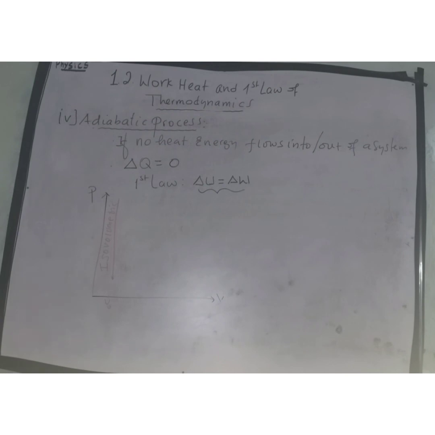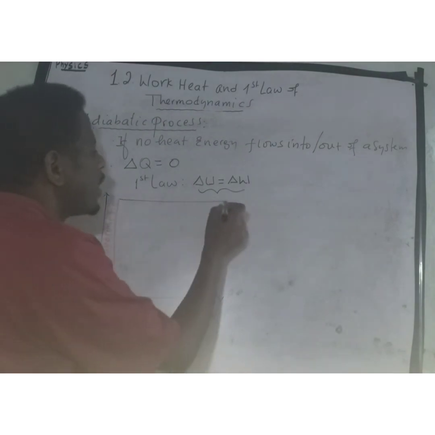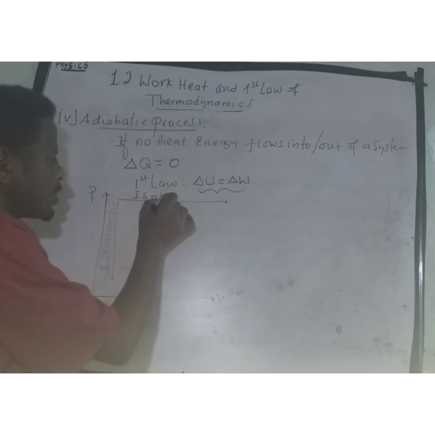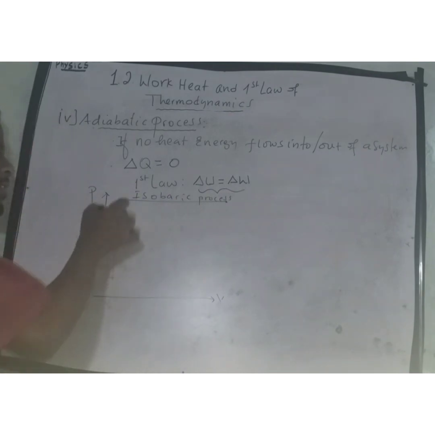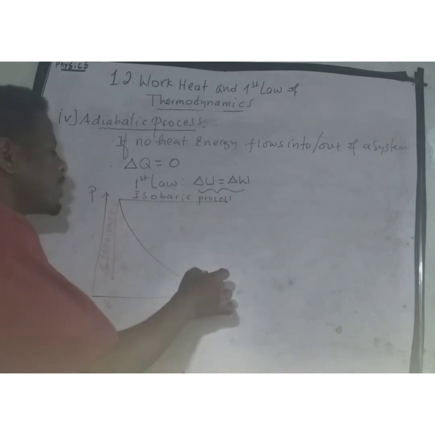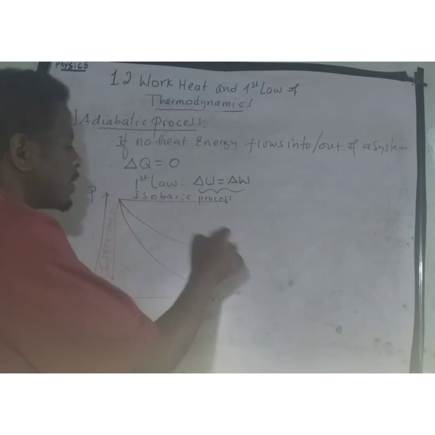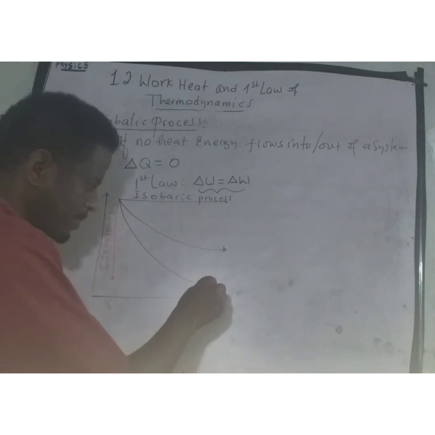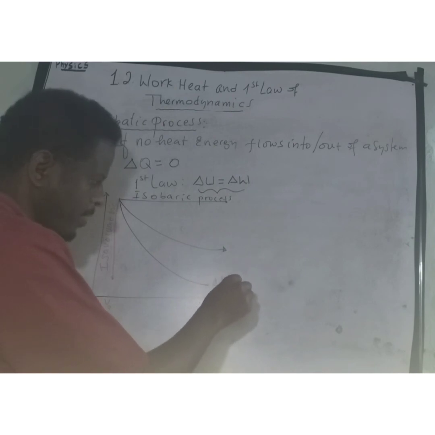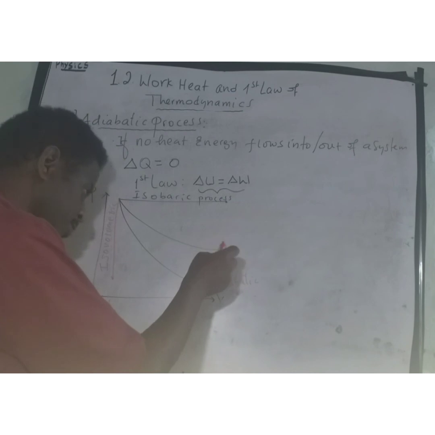And the horizontal line represents the isobaric process. And there are two curves which represent the isothermal process and the adiabatic process. So this one is the adiabatic process, and this one is the isothermal process.